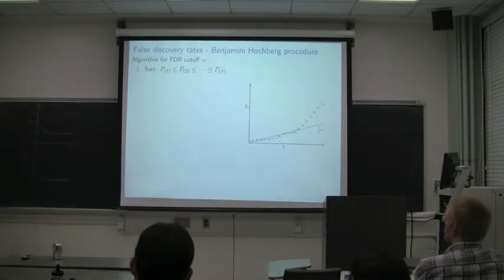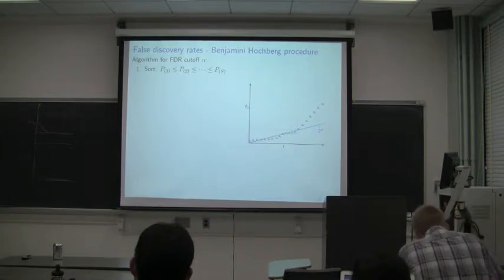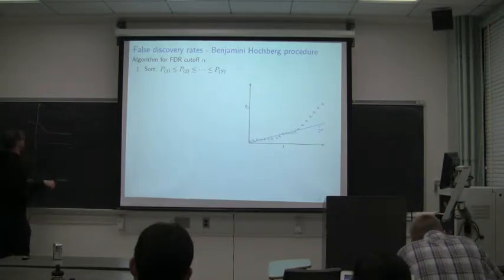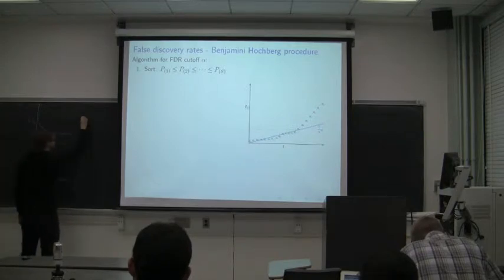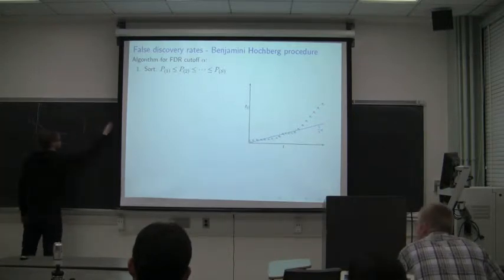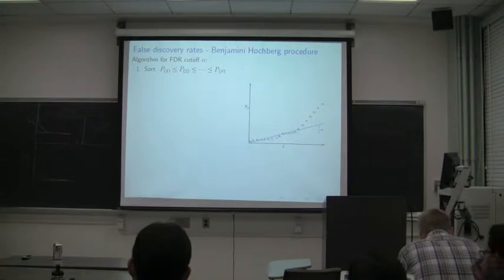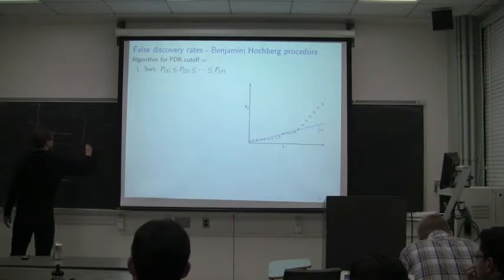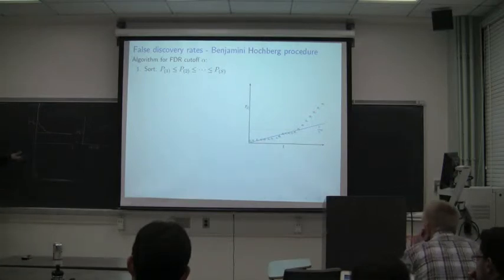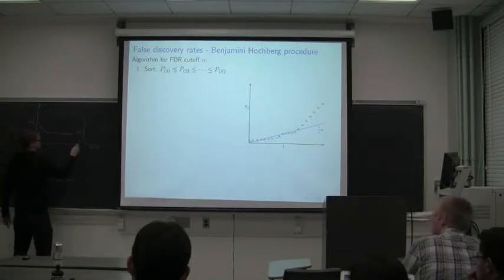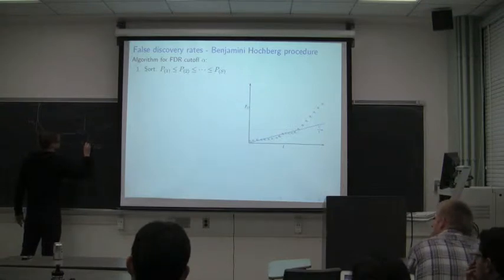So I observe something like that. If I took only the nulls, sorted my p-values and plotted the p-values versus the rank, I would get just a straight line, on average, as an expectation. This is the rank of the sorted p-value, and this is the p-value. But if I also plot these, then I get something that looks like that.